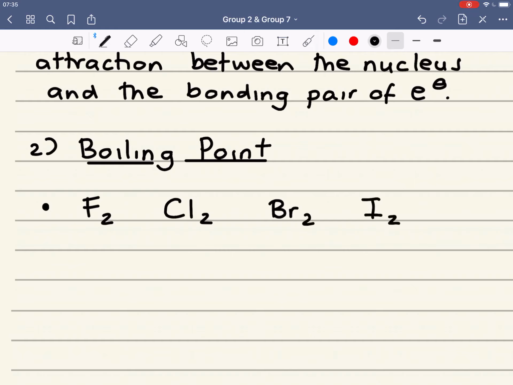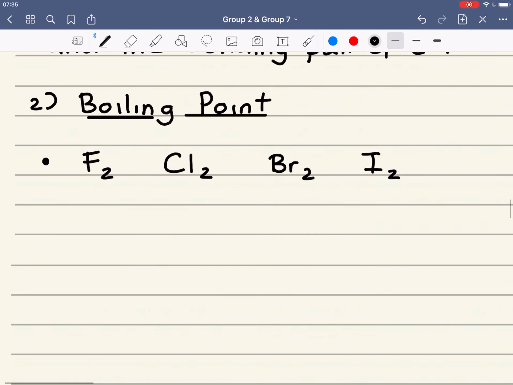We won't be looking at astatine in any of our work in group 7. So all these substances, fluorine, chlorine, bromine and iodine, and again we need to think about what structure it is, they all exist as simple molecular structures.